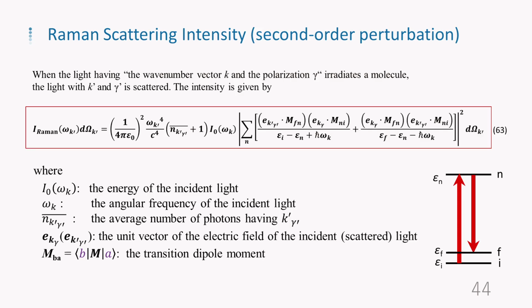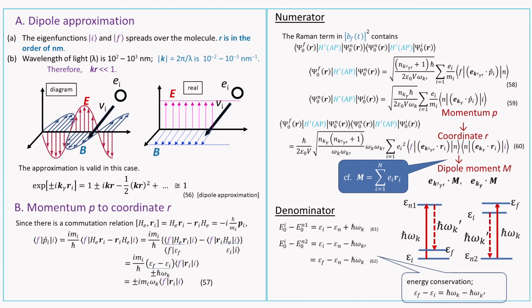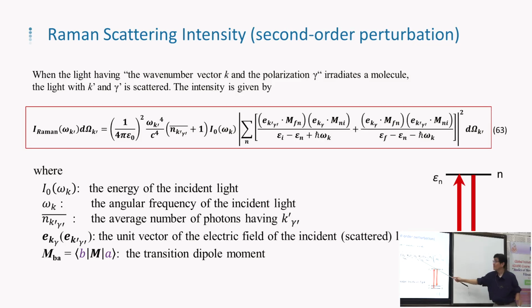M is introduced by replacing momentum with coordinate, then with the dipole moment M. And the dipole moment M appears as an inner product with the polarization vector e_k' gamma' or the inner product with e_k gamma. It appears here. And there are two terms because there are two intermediate states, N1 and N2.